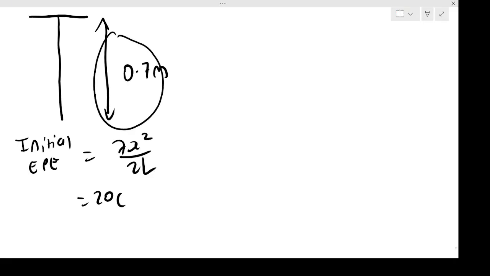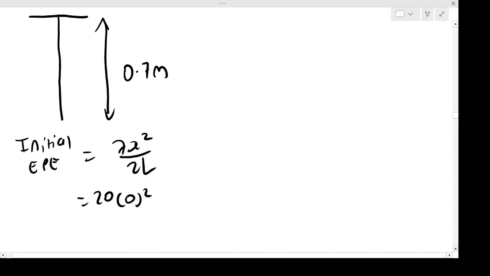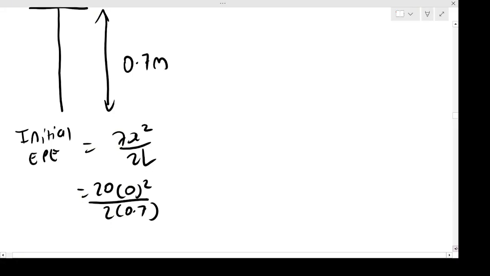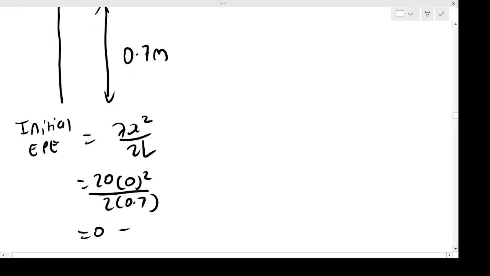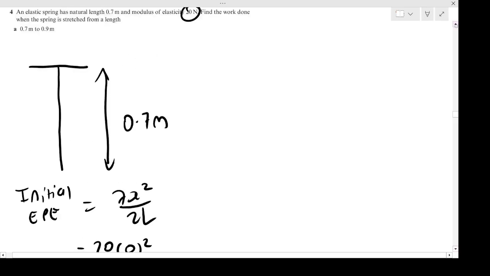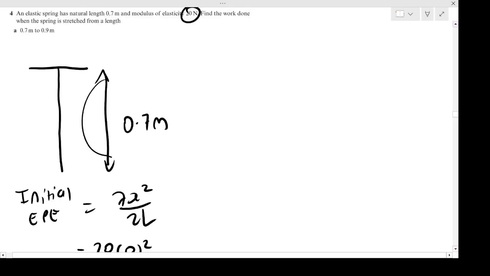There's no stretching going on. So that's going to be 0 over 2 lots of 0.7. Well, that just goes to 0, right? So there is no initial elastic energy. That makes sense, because if the string is at its natural length, it's not being stretched or compressed at all. So there wouldn't be any energy involved because there's no stretching or anything like that. So that actually makes sense, really.